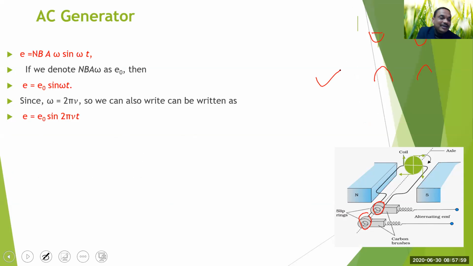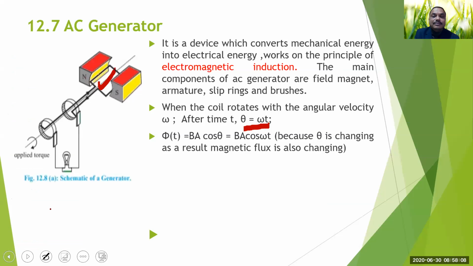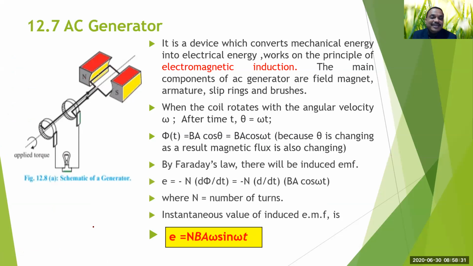If you have any doubt, please ask me. So we can revise this. First we saw the construction of the AC generator. An AC generator is a device which converts mechanical energy into electrical energy. The induced EMF in this AC generator is given by the equation NAB omega sine omega t, or NBA 2 pi nu sine omega t.